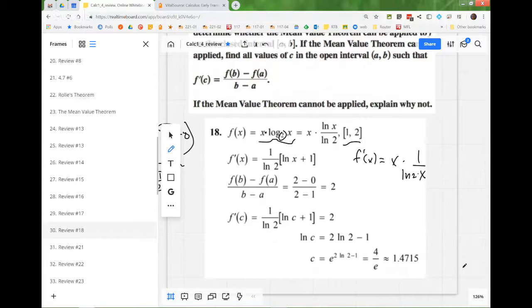Okay. Plus the second times the derivative of the first. Okay, so let's just simplify this a little bit. Isn't log base 2 not the ln of 2?